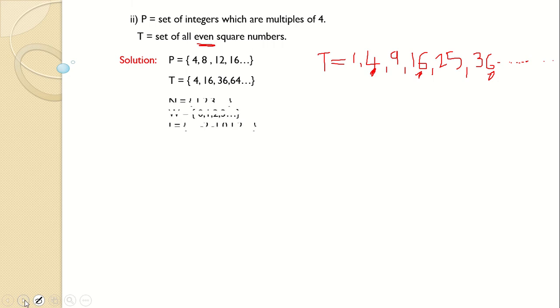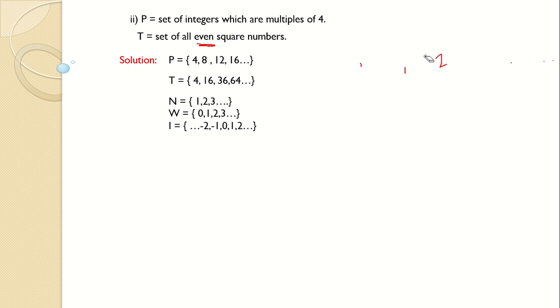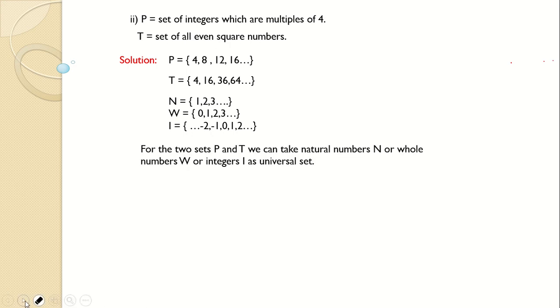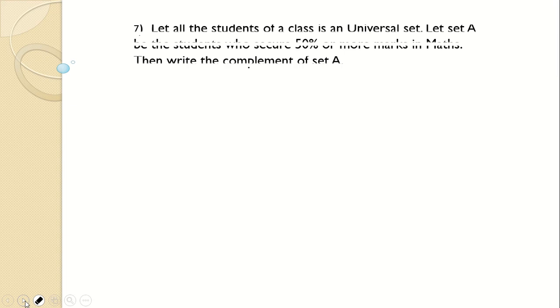For this also, similarly, we can have natural numbers, whole numbers, integers or real numbers as the universal set. So for the two sets P and T, we can take natural numbers or whole numbers or integers or even real numbers as the universal set, because that is an even bigger set.